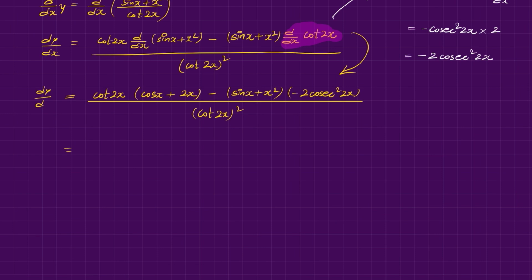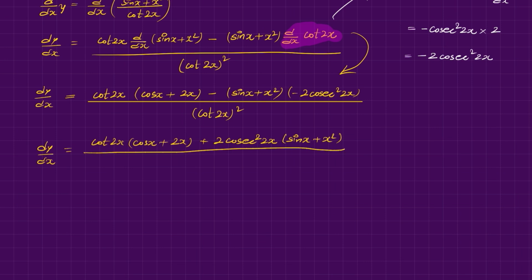So dy/dx equals cot 2x times (cos x + 2x), plus 2 cosec² 2x times (sin x + x²), whole divided by (cot 2x) whole squared.